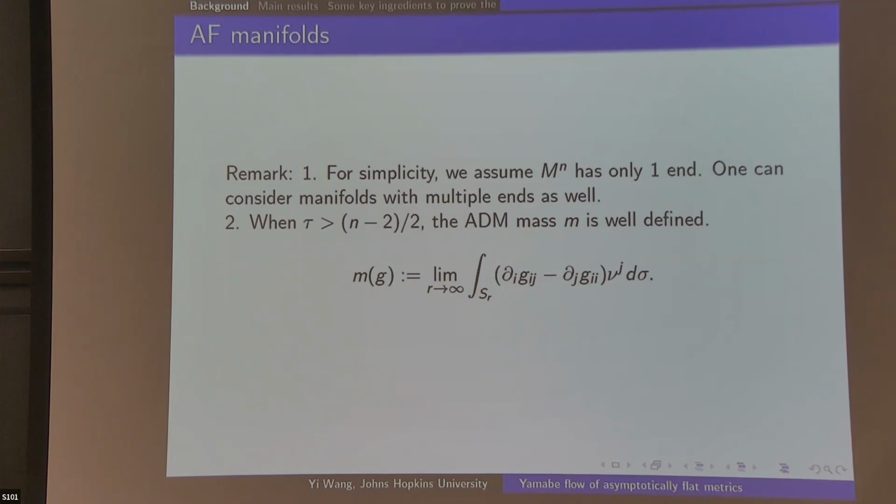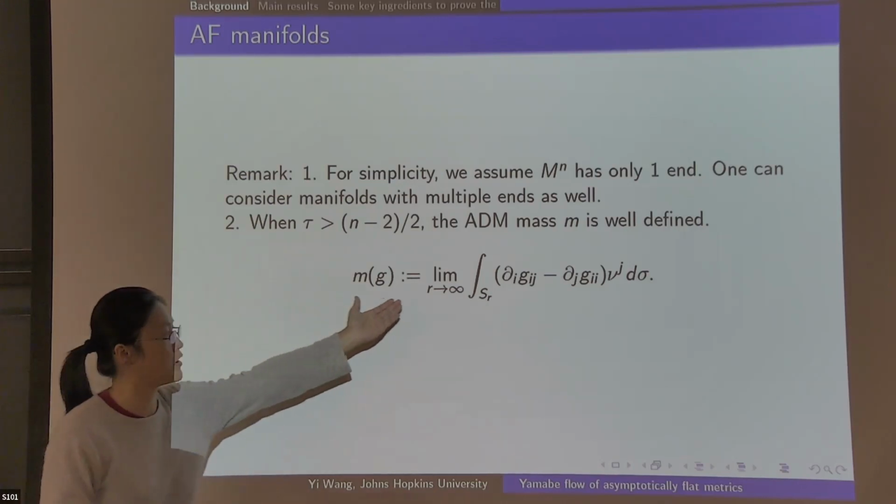Okay, the second thing is something related to the ADM mass that Peter mentioned earlier. ADM mass comes from mathematical physics. It talks about the behavior of the metric at infinity, and it's an invariant that measures the global geometry of this metric for asymptotically flat manifolds. Mathematically, one gives the definition as the following.